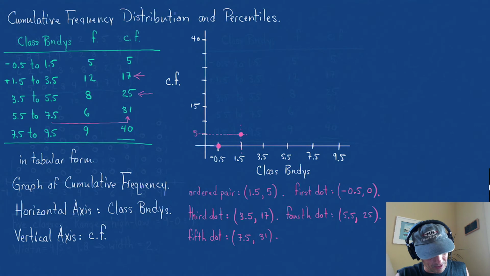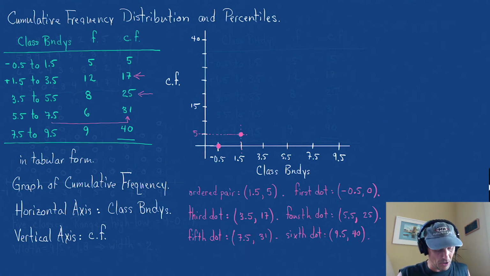And our last dot, our sixth dot, is 9.5. And at that point, we have accounted for all 40 dots. These are ordered pairs. They're always written in the order of the horizontal and the vertical.